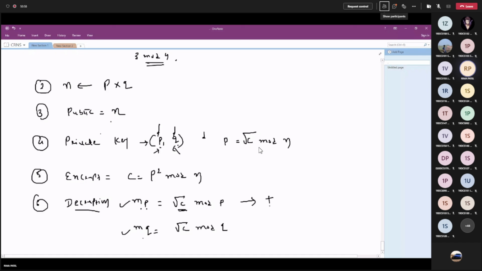Once you simplify it, you will get plus or minus C raised to P plus 1 divided by 4 mod P. P and Q you have already chosen, and you need to keep them private. And plus or minus C raised to Q plus 1 divided by 4 mod Q. This is how we have a total of how many decryptions possible, how many plain texts possible after decryption? 4.